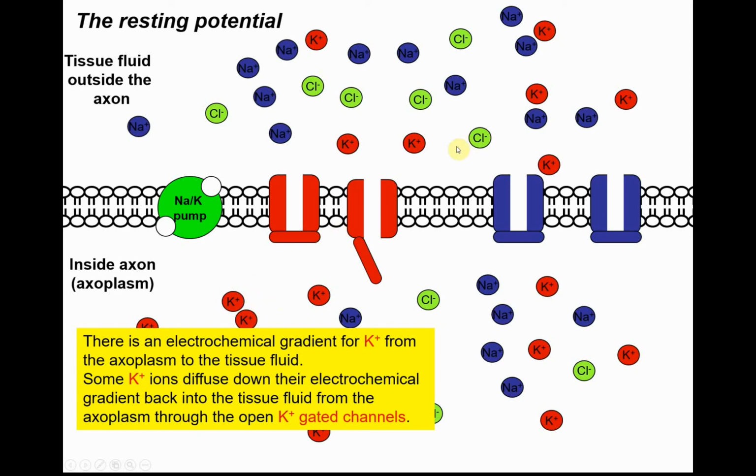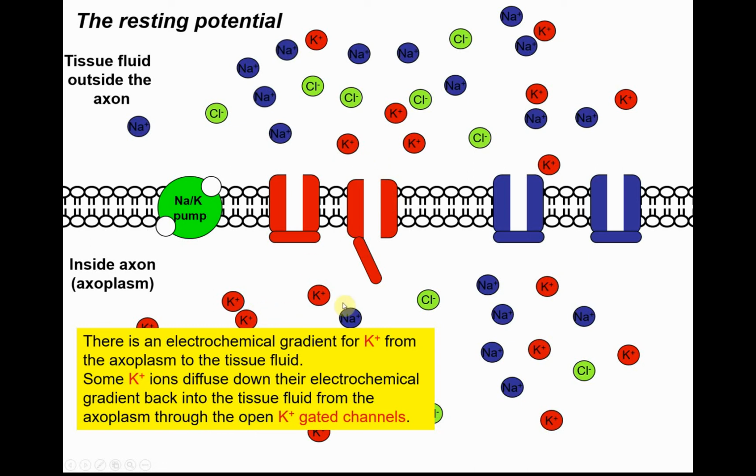than outside. So some of the potassium ions diffuse out of the axon down their electrochemical gradient. Okay, so they're going down, there's a higher concentration of potassium here, so they're going to diffuse out. Now, diffusion of potassium ions is actually going to be limited.